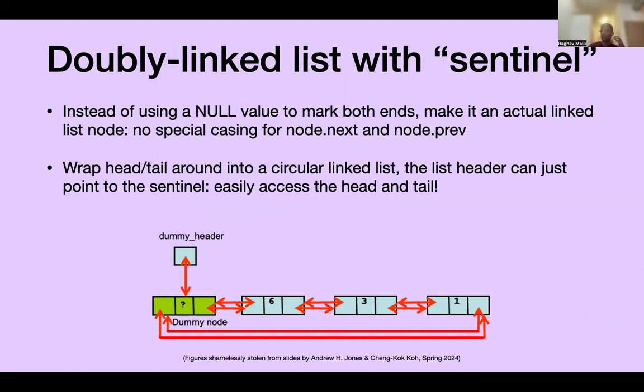So instead of using a null value to mark both ends, we make it a circularly linked list, and so we wrap it around. And then instead of null, it's going to be an actual dummy node. So head.previous is going to be the same thing as tail.next, and that's going to be some kind of sentinel value. And our linked list header is just going to point to that.